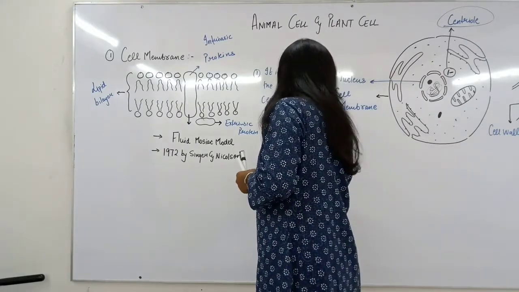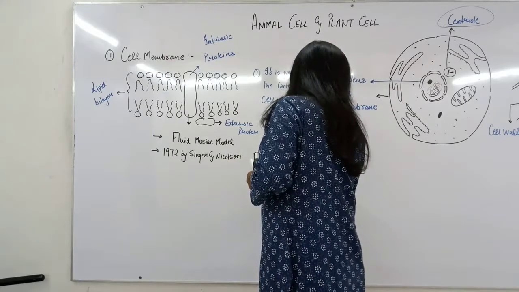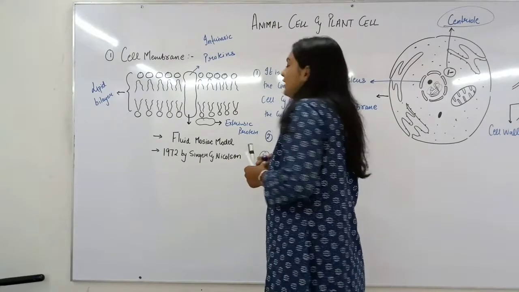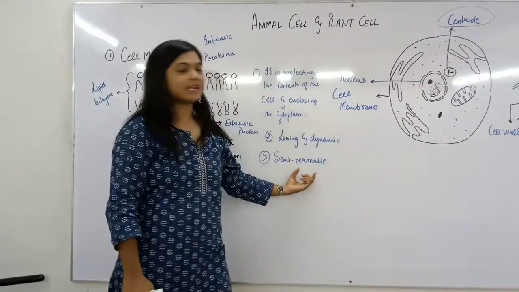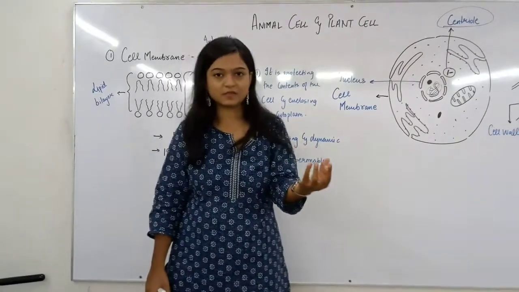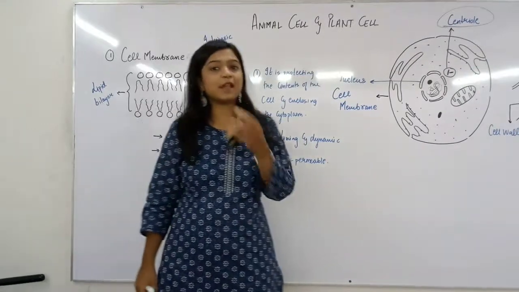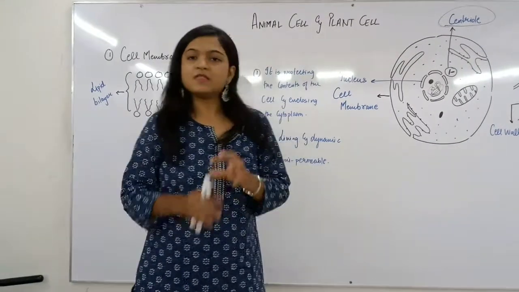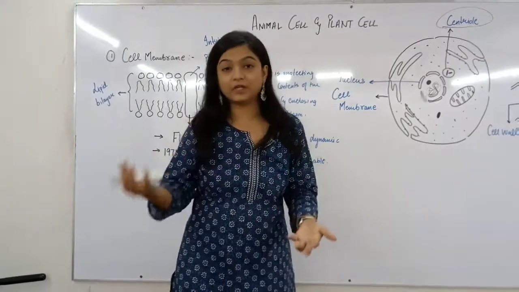Third, it is semi-permeable. Now this is a very important feature of a cell membrane. When I say that it is permeable, I mean that it will allow the intake and outtake of certain substances. But when I say that it is semi-permeable, it is going to be selective in allowing those substances. Things that are good for the cell will be allowed in and things that are not good for the cell will not be allowed in.